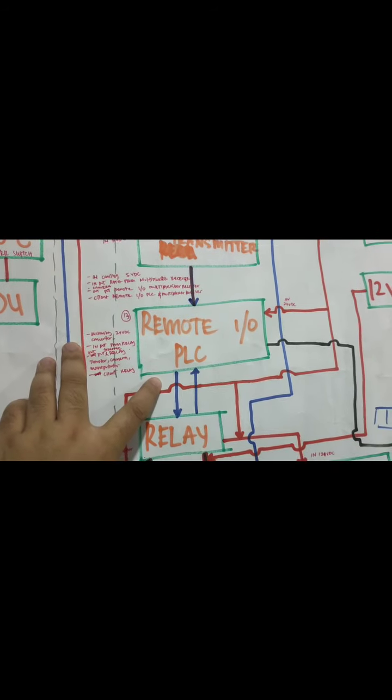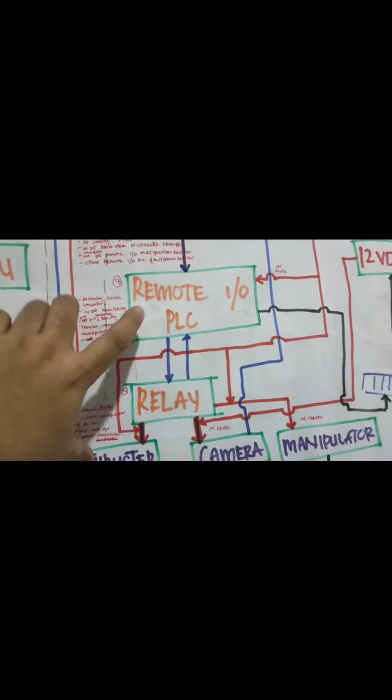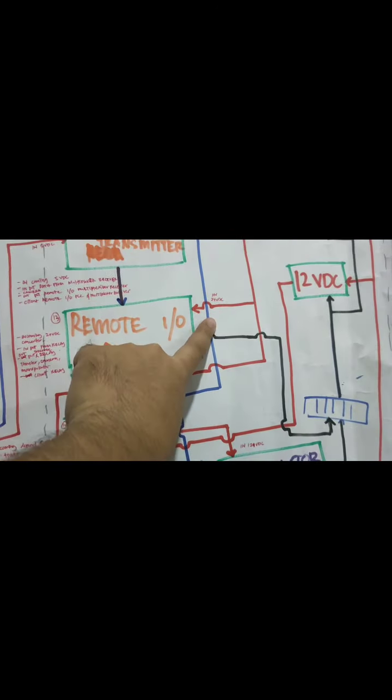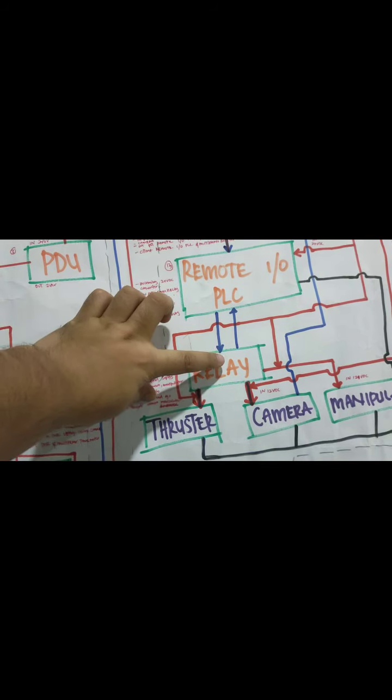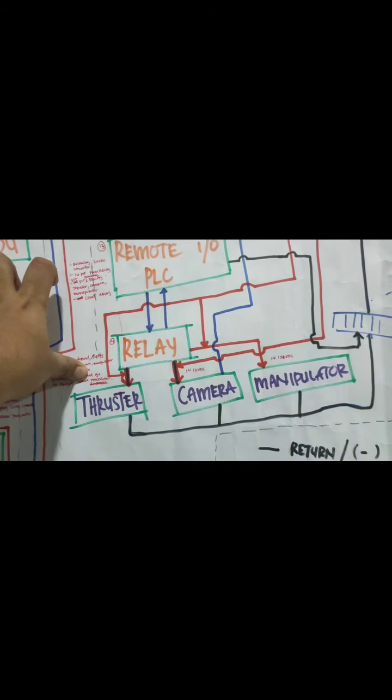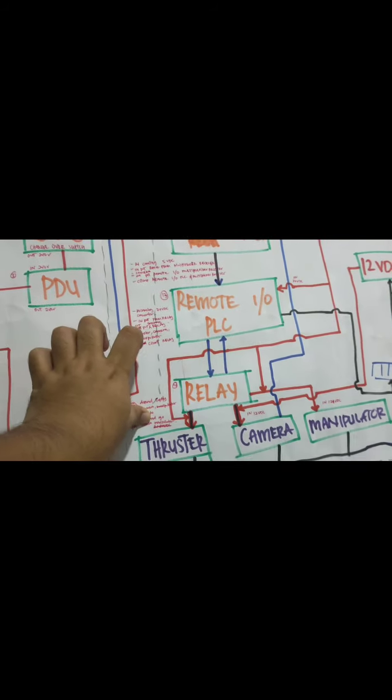The next one is the remote I/O PLC. It receives 24 DC volt supply, with input from the multiplexer transmitter and also from the relay. The client will be the relay.